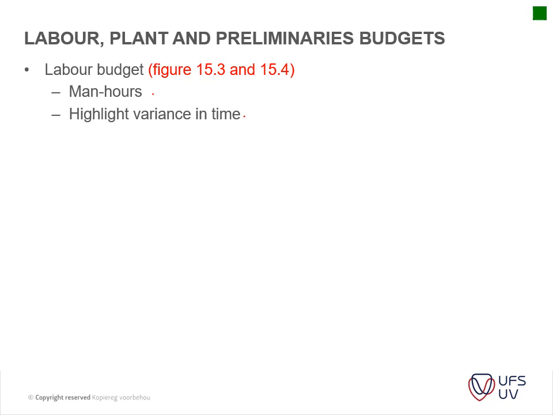Looking at your labor budgets, man hours, man weeks, you draw up a histogram that's shown in figure 15.3, and then from that you can draw a forecast of your cumulative man work hours and your variances. So please go through that for me.